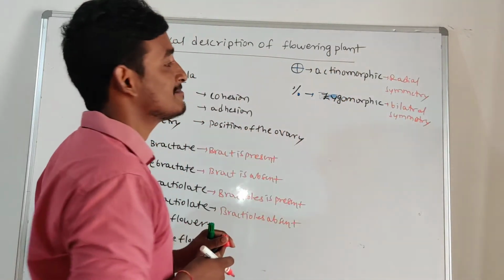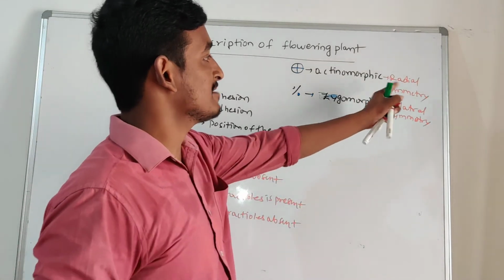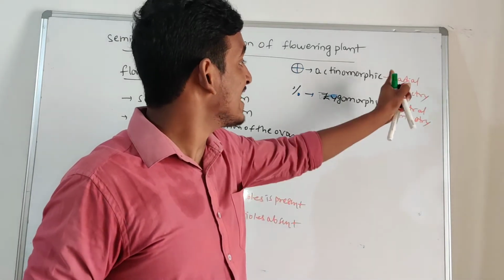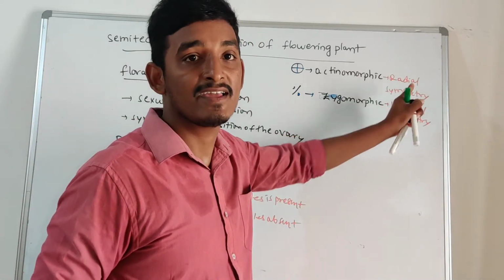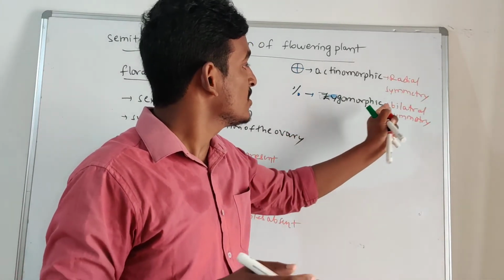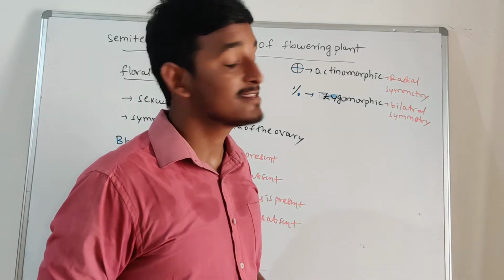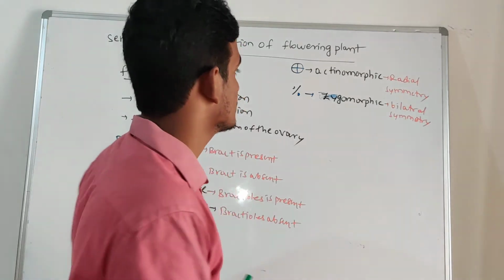What is radial symmetry and bilateral symmetry? Radial symmetry means the flower can be divided into two equal halves in any direction. If we can divide it into two equal halves in one particular direction only, then we call this type of symmetry bilateral symmetry.